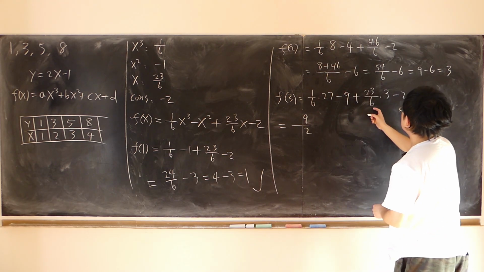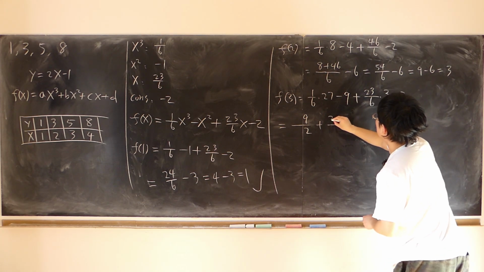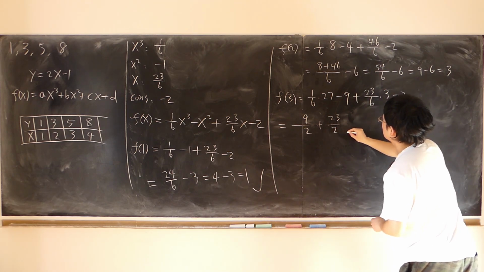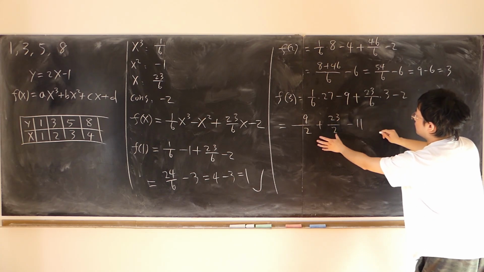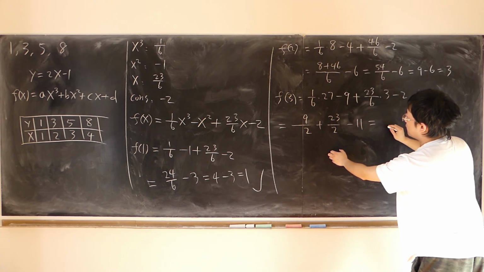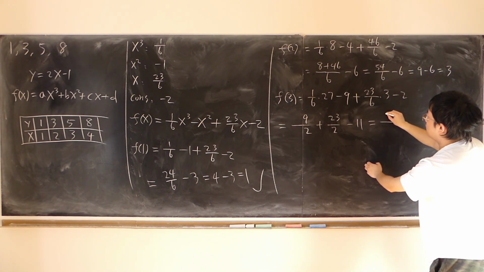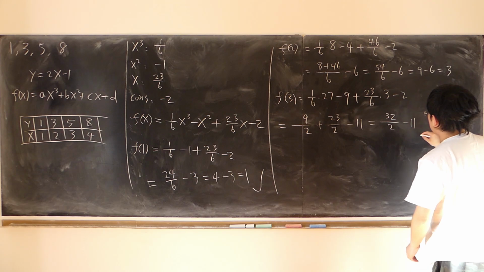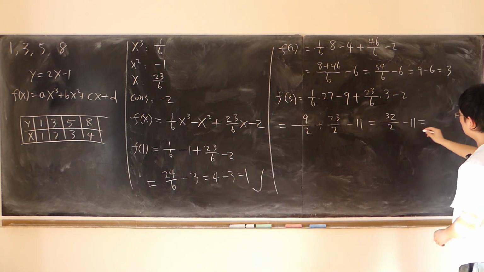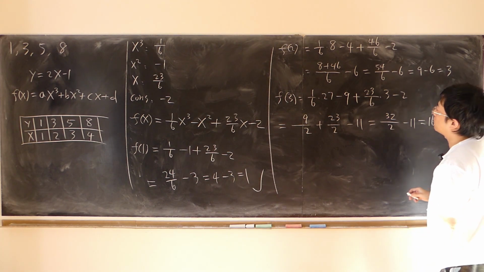Right? And this 23 over 2. And this negative 11. So what is that? 32 over 2 minus 11. 16 minus 11. Yes, really is equal to 5.